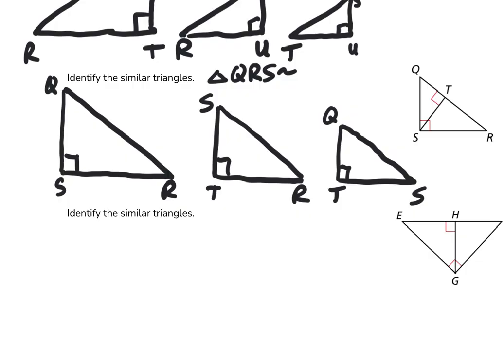So here I'm going to start with S, right? And I'm going to go SRT. And then QST. All starting in the same spot, all going in the same order around the triangle.